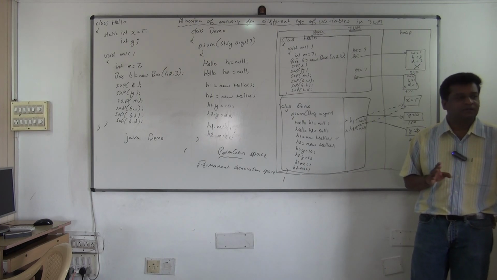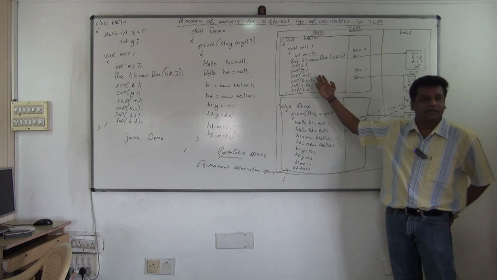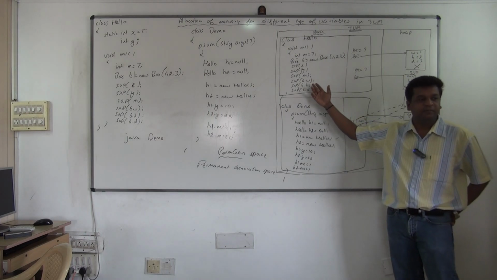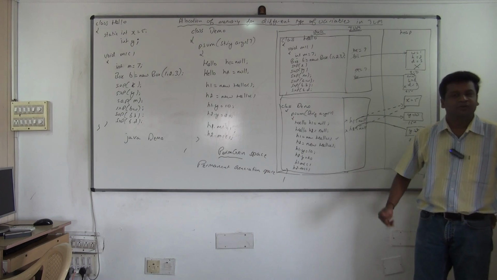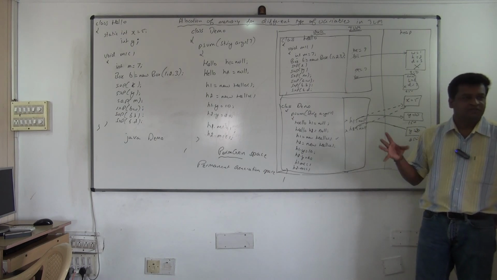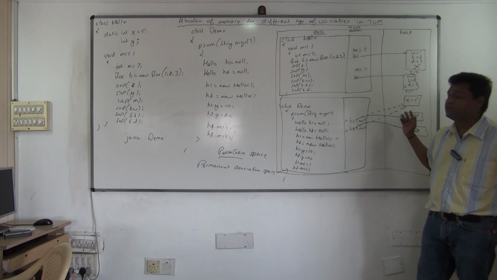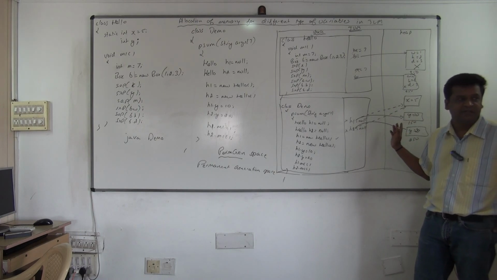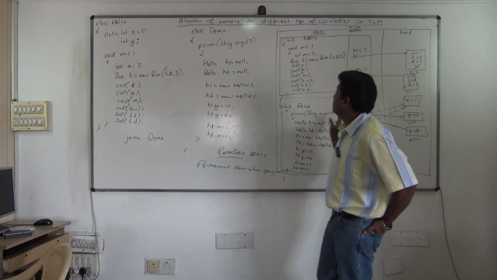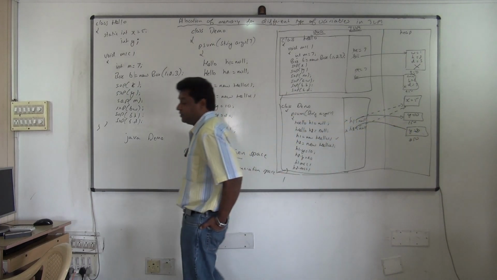So that is the amount of memory allocated, but where it is allocated depends on the type of variable. Clear? So the stack is purely for local variables, and instance and static variables are present in the heap. This is how things have been organized. Do you have any questions here?